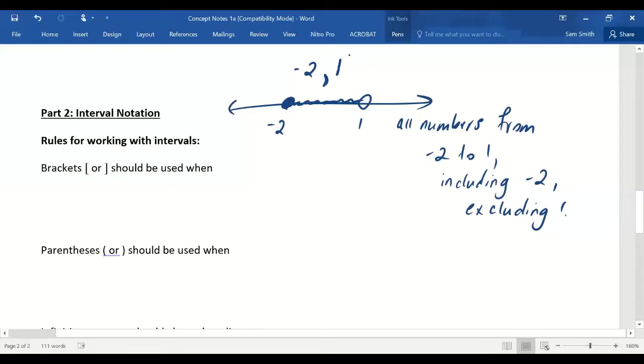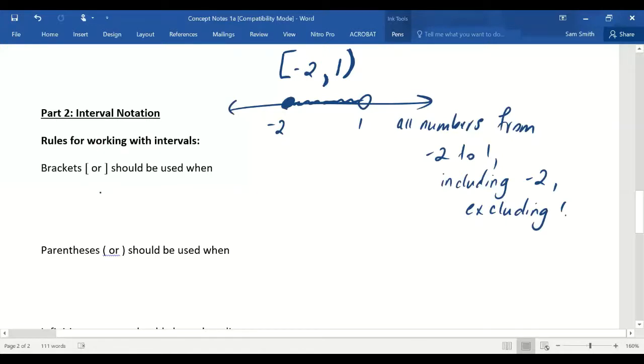And then I will use symbols next to -2, next to 1, to indicate whether those numbers should be included or excluded. I'll put a parenthesis next to 1 to indicate that it should be excluded. And I will put a bracket next to -2 to indicate that it should be included. And so my mnemonic for keeping track of that is that the bracket includes the corners and the parenthesis does not include the corners.